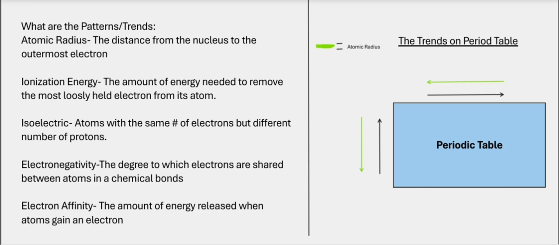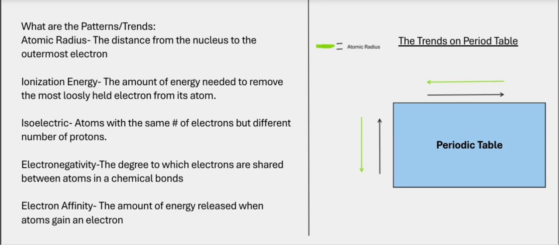And this is all because as you go down a group, you have more levels and more areas where the valence electron is, so it gets wider. And as you go left on a periodic table, there are fewer protons, so less pull on the valence electron, so there's a lot less pulling it in, squeezing it in.